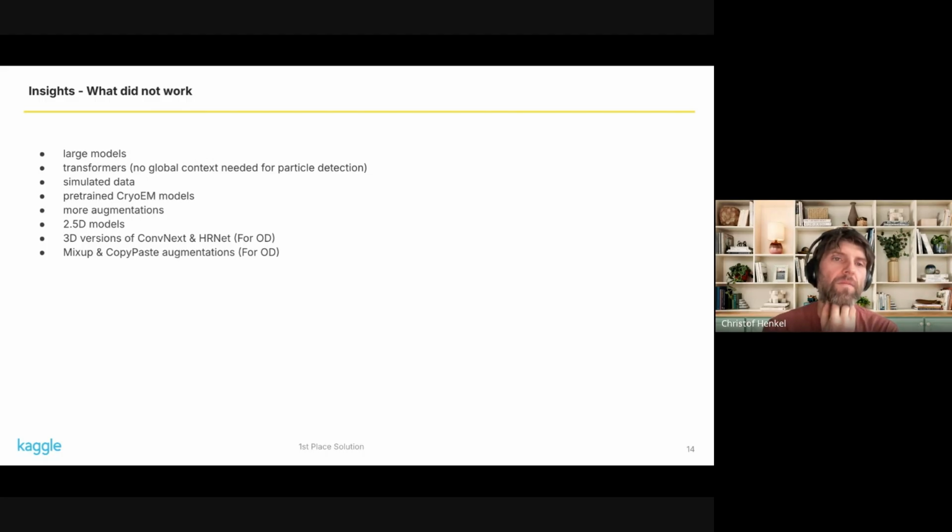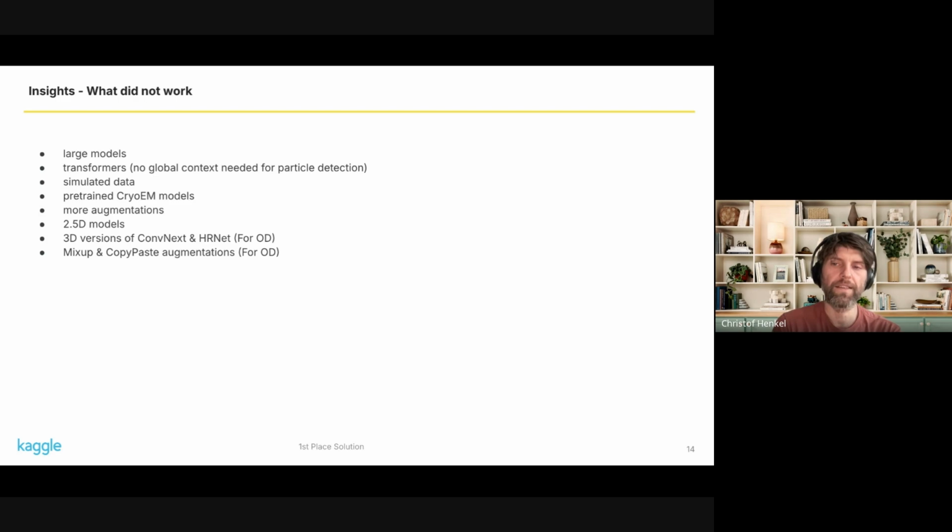Then some insights we gained on what did not work. Large models did not work simply because the training data was small and you overfit quite easily. Transformers did not work. I think that's because no global context within the image is needed for particle detection, only local information is important.